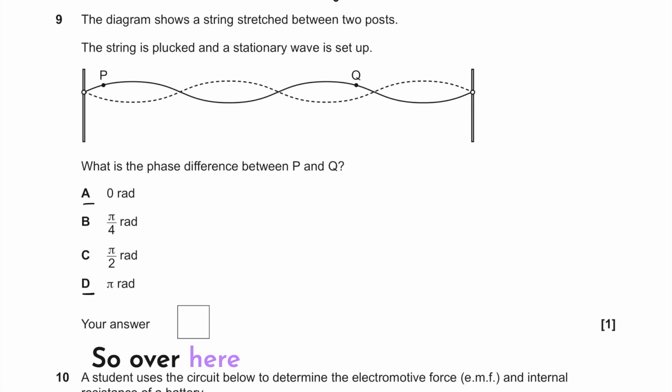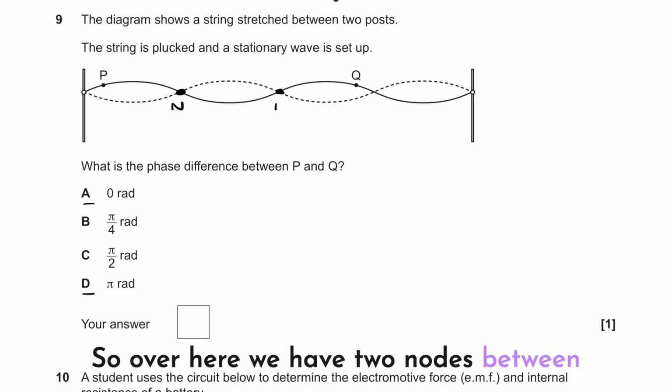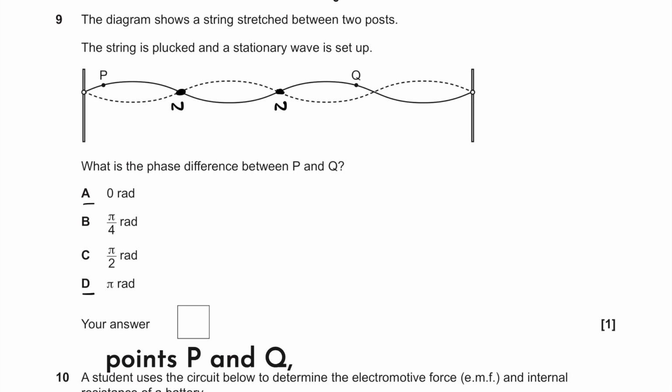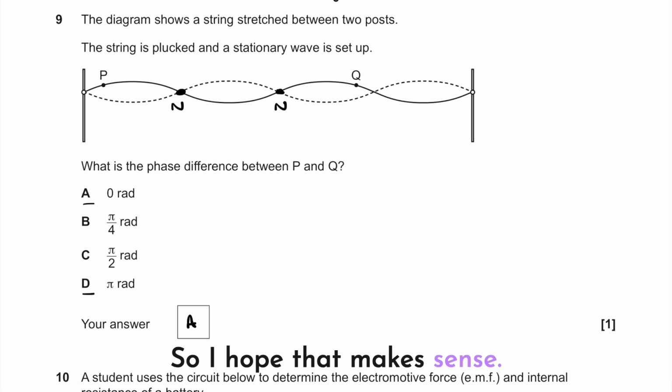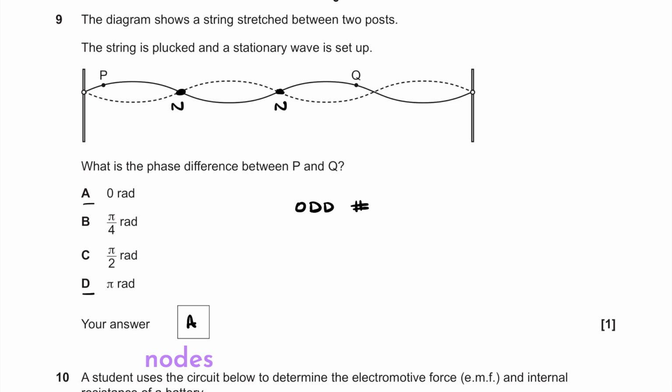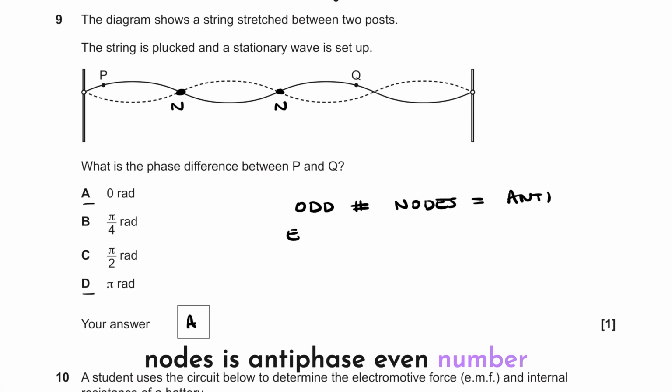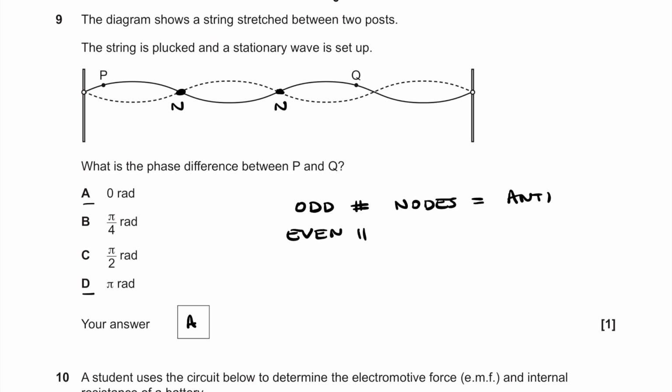So over here we have 2 nodes between points P and Q, and therefore it would be in phase, and answer will be A. All right, so I hope that makes sense. Do remember that because it comes up quite often in the exam. Odd number of nodes is antiphase, even number of nodes is in phase.